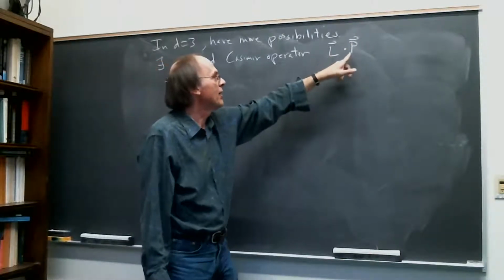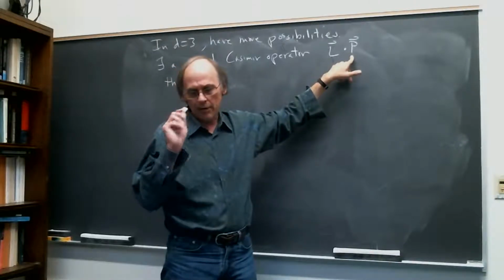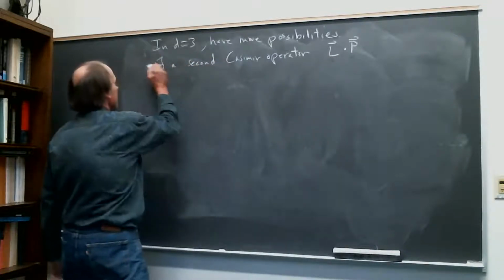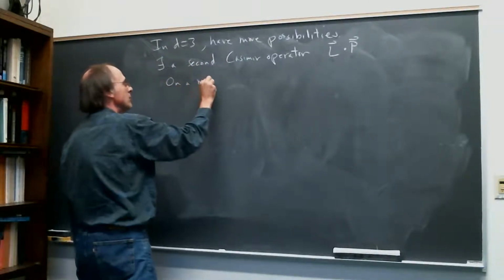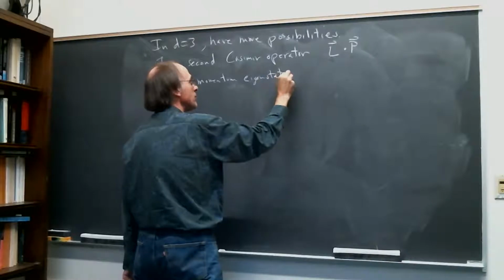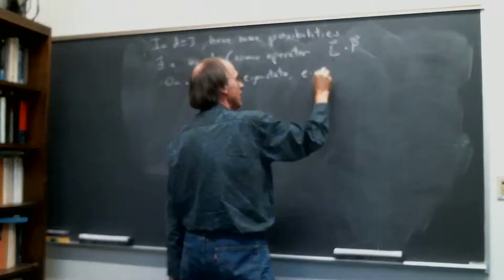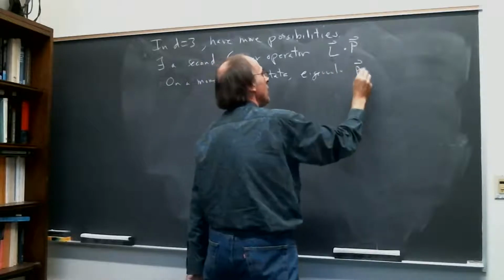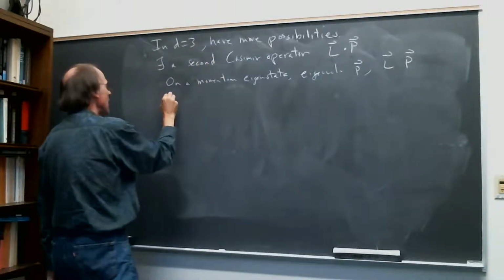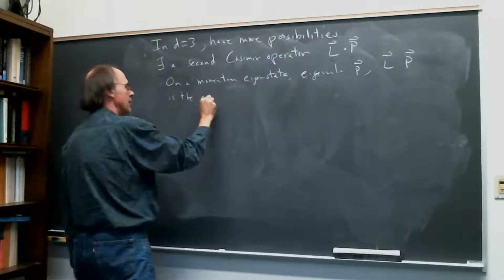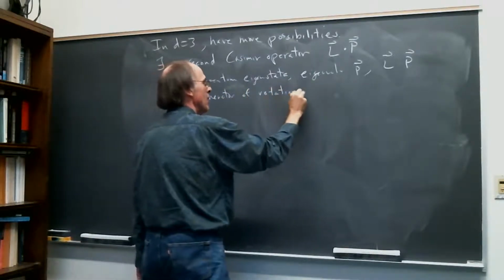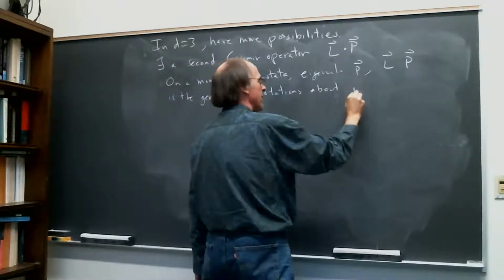If you're looking at a momentum eigenstate with eigenvalue P vector, then this L vector dot P vector is the generator of rotations about P vector.